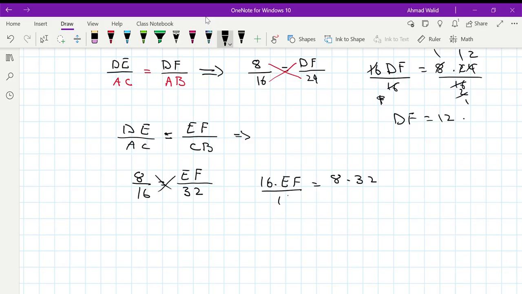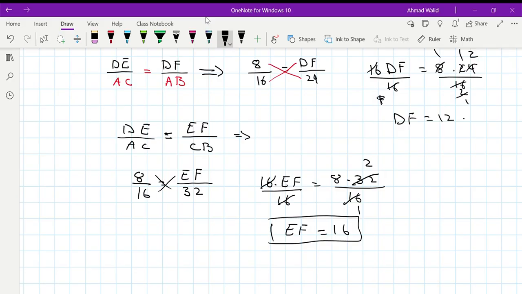Divide both sides by 16. These two cancel out. 16 goes 2 times into 32. 2 times 8 gives you 16. It means the side EF is how much? 16, whatever the unit is. Correct?